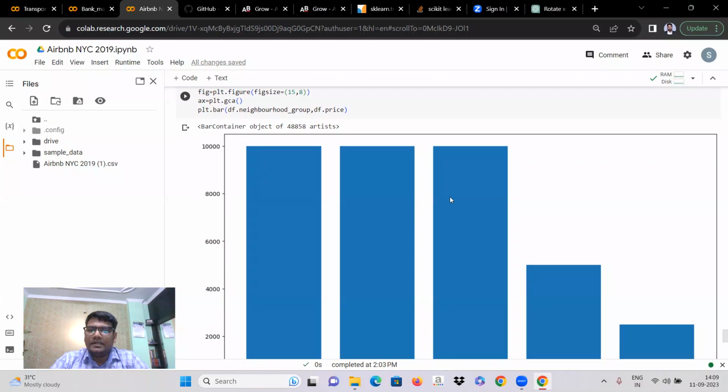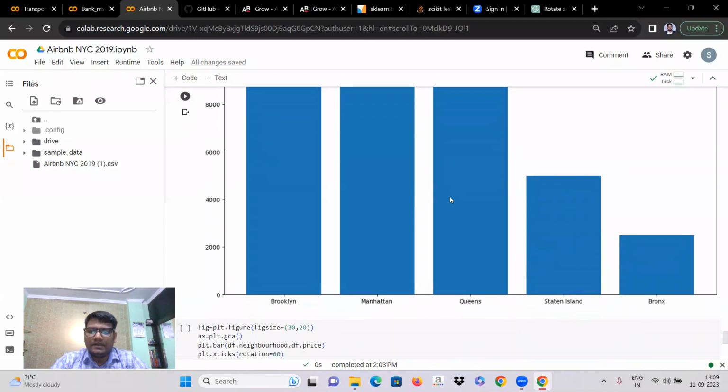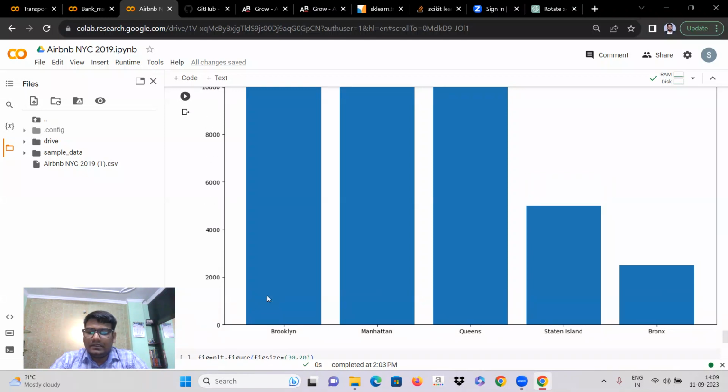When the neighborhood is compared with the price, the most costly places for the customer would be Brooklyn, Manhattan, Queens, and Staten Island. Though Staten Island, in the previous graph, is where customers do not prefer to stay, it is the place where we got the fourth largest revenue from.